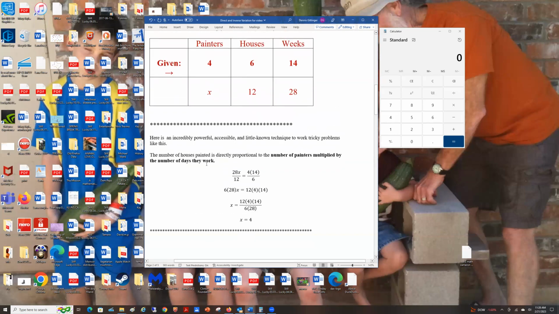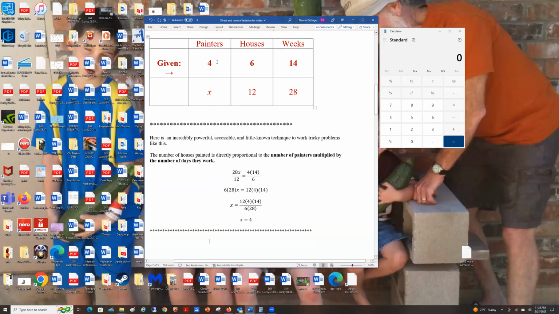So here it goes. The number of houses painted is directly proportional to the number of painters multiplied by the number of days they work, or in this case, weeks. Why is that? Well, because if you double one of these, painters or weeks, it doubles the thing. And if you double both of them, it's going to be like 2 times 2.